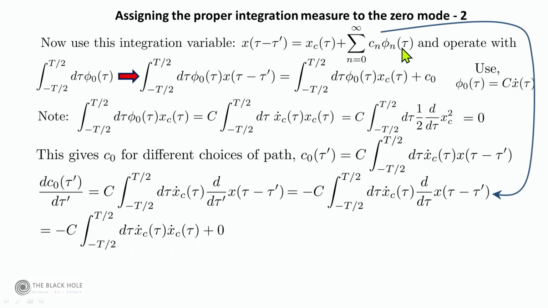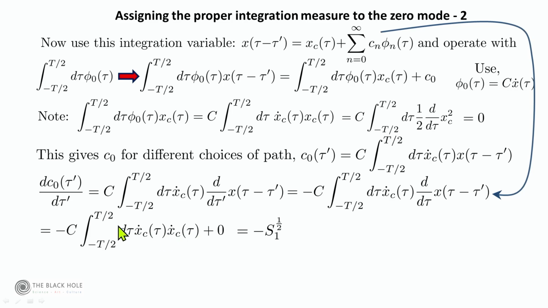But this other thing over here will integrate to 0, because this is basically phi 0 of tau, and that's going to be orthogonal to all of the others. One just has to do an integration by parts. Again, our boundary conditions will kill all of those terms, every single one of those terms, giving us 0 over here. And now this thing, we know what it is.